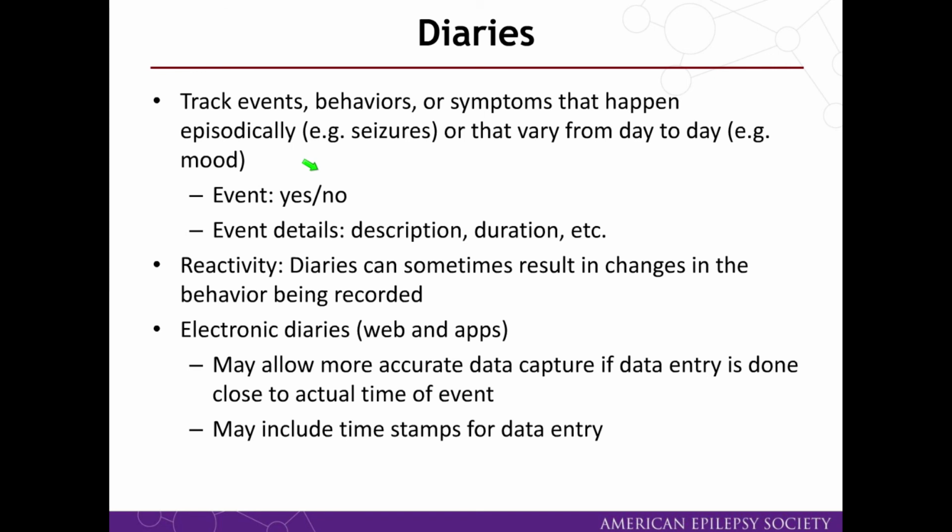Electronic diaries may be more accurate, because people are documenting information much closer to the time that an event of interest occurs, and they may remember the details of the event a little bit better. And there may also be timestamps to confirm when the data was actually entered.